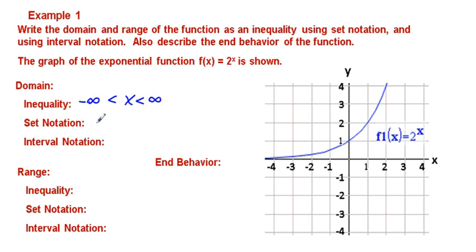Our set notation, bracket x such that x is greater than negative infinity, less than infinity. I want to be legible here.